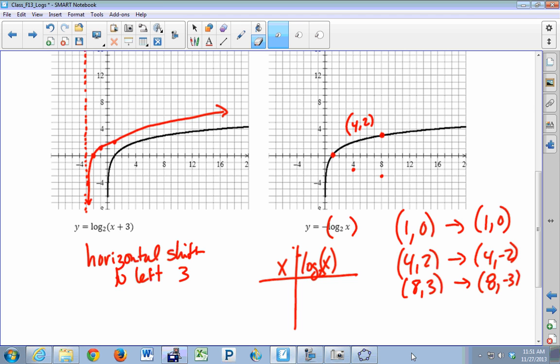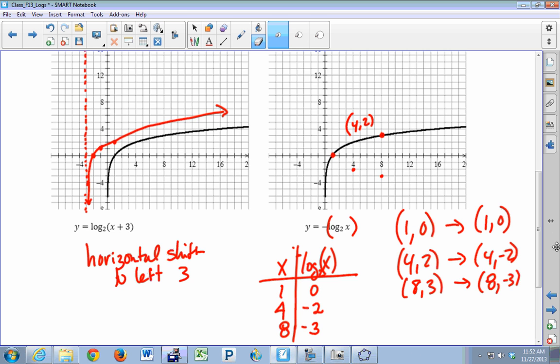So look at your points here. You had 1, 0. When you change the sign of 0, it stays the same. You had 4, 2. When you input 4, your output is 2. Now it's -2. When you put 8 in, 2 to the third is 8, so the answer is 3, and you change the sign.